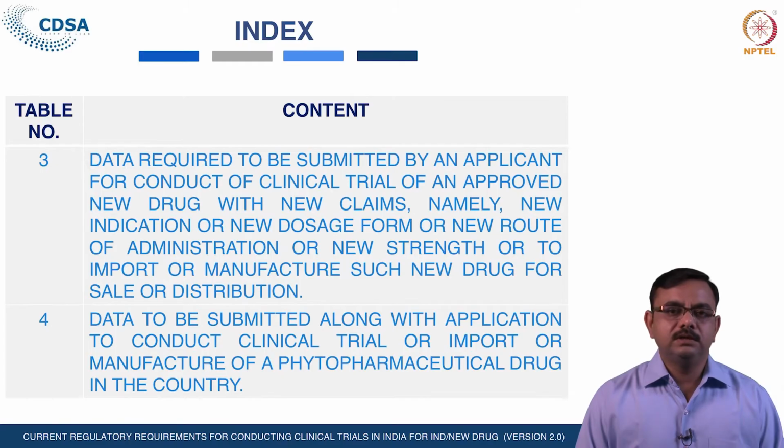So whether it is enlisted in the CITES or not, that has to be given. Whether it is entitled to special protection under the Biological Diversity Act 2002, that also has to be mentioned. If the species has any genotypic, chemotypic or ecotypic variability, that is required to be given.